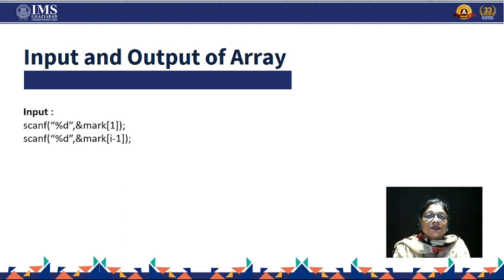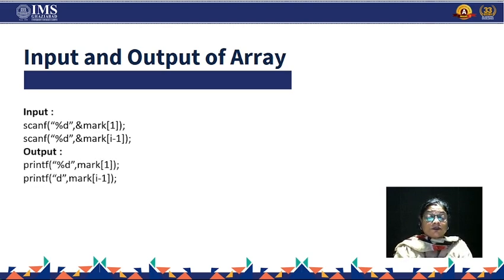Ith means whatever the length of the array we have declared, that will be the size of the array, minus 1. That means if we talk about the I will be 4, 4 minus 1 means it will be the third element. Now at the same time, output can be done through printf.